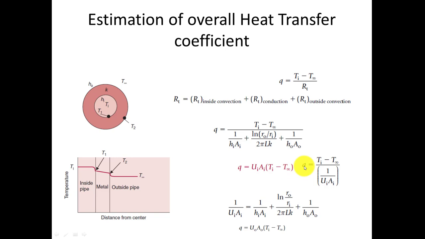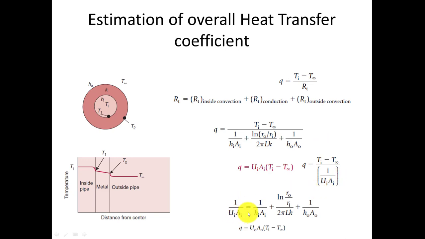So from here we can write Q is equal to Ti minus T infinity divided by 1 upon Ui Ai. In a way, this 1 upon Ui Ai is similar to the RT value, because if we compare these two equations, the value of RT is equal to 1 upon Ui Ai.